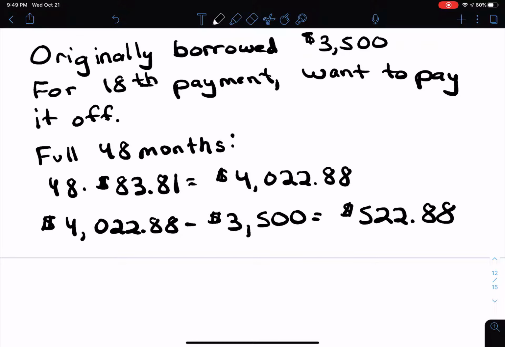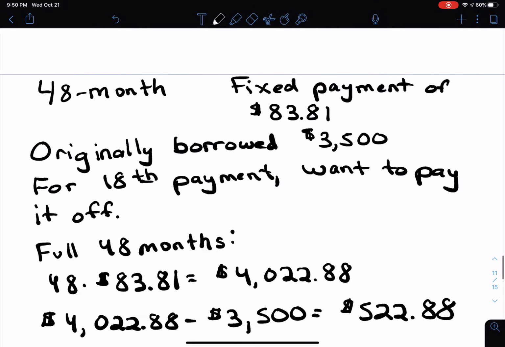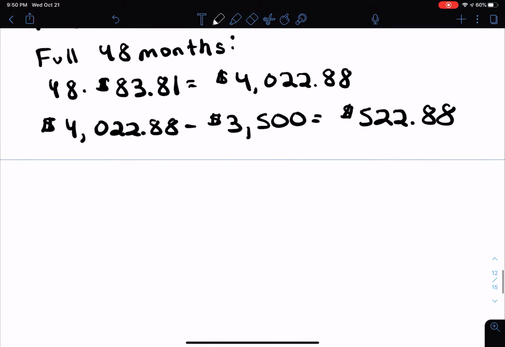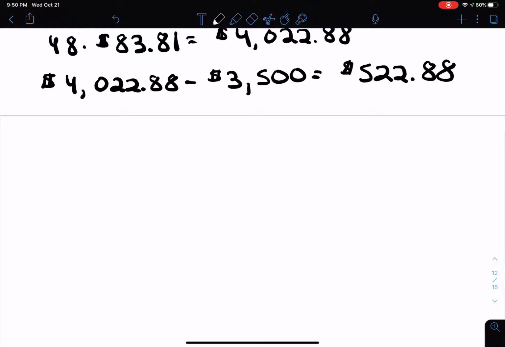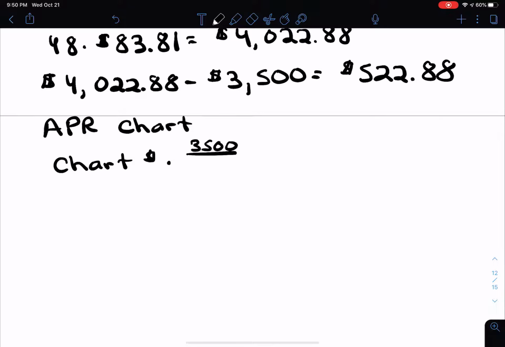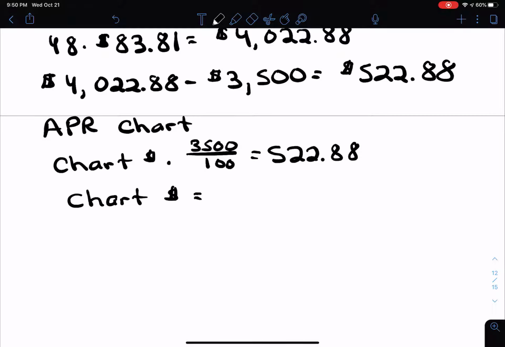Thing is, we're not going to pay that full finance charge, but we need to figure out what the APR was. So let's go back to our chart. The chart dollars times the 3,500 over 100, so just 35, equals the finance charge of $522.88. So the chart dollars would equal 14.93942857.